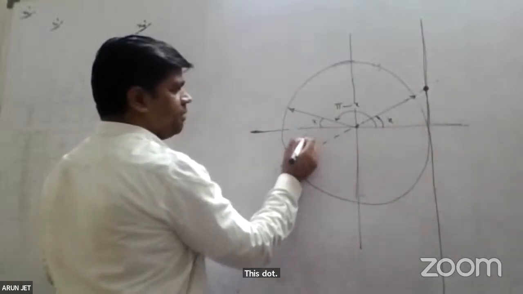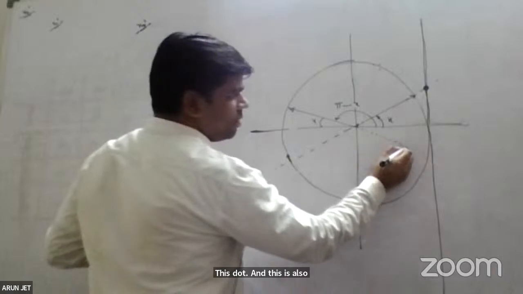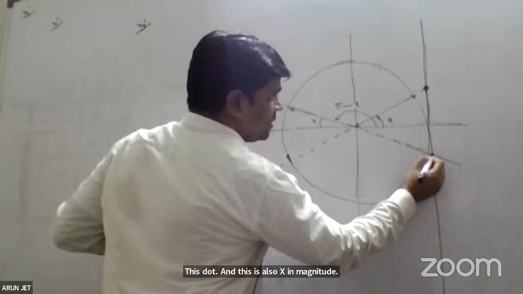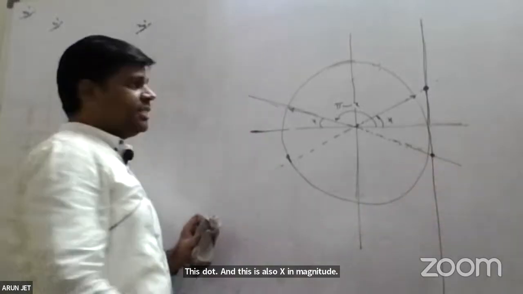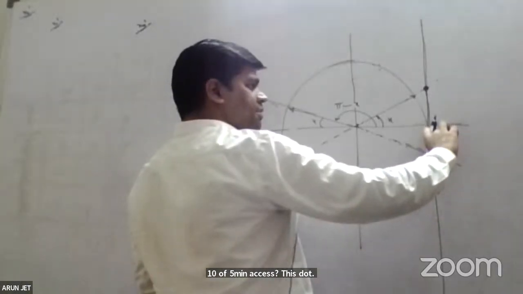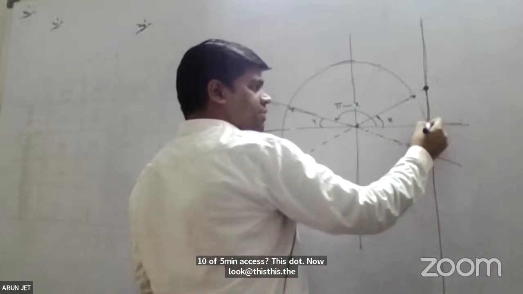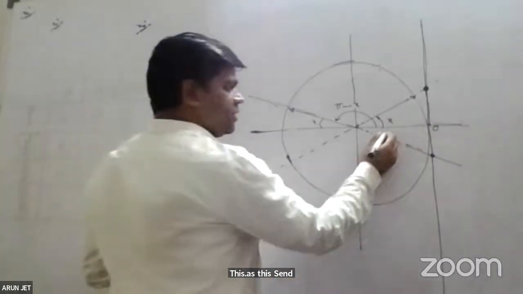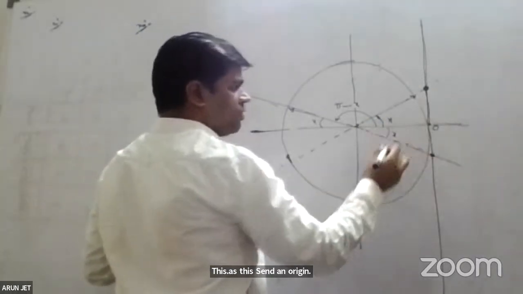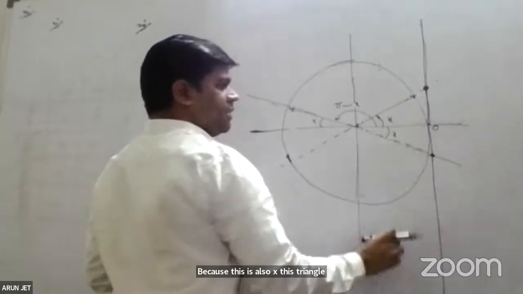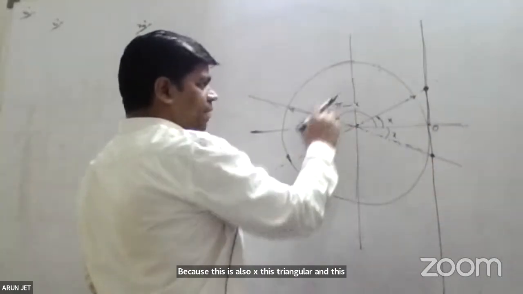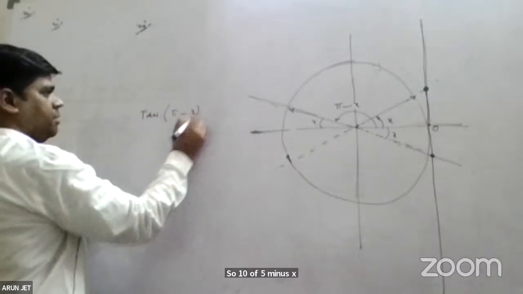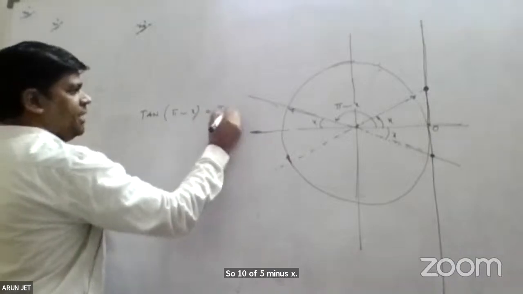And this is also X in magnitude. Tan of pi minus X is this dot. Now look at this. This dot is at the same distance from this center origin as the other dot. Because this is also X, this triangle and this triangle are congruent. This length is equal to this length, but on the negative side. So tan of pi minus X is equal to minus tan X.